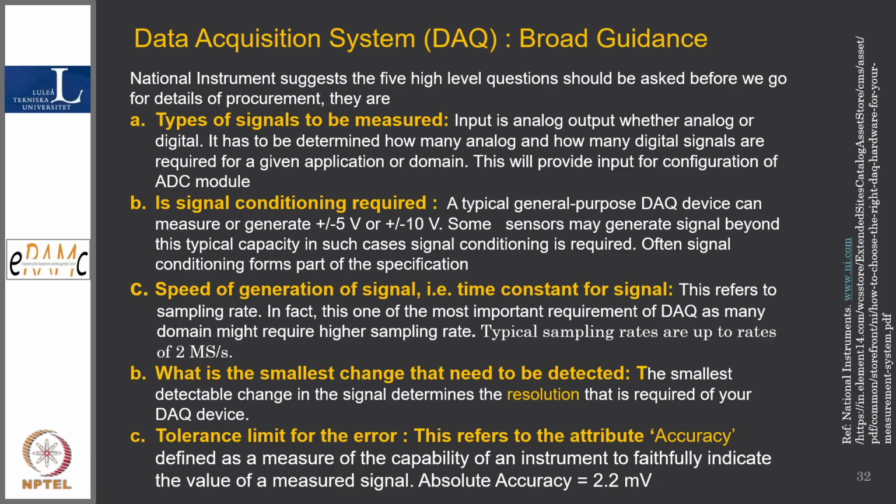If you see a DAQ card, it is clearly written how many analog signals, digital signals, and channels it has. So this is the first question one should decide based on the domain application, on what you want to do. If I want to monitor only one pump, but normally people don't do that, and even if I want to do that, I have to have two signals, temperature and vibration.